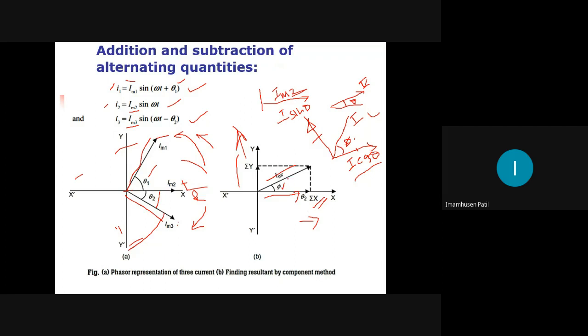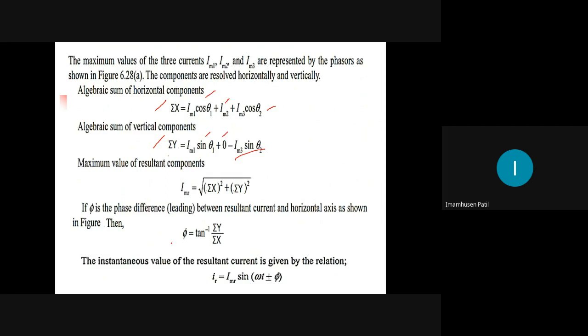How much angle is the resultant vector making with the x-axis? That can be calculated using tan inverse of summation of y divided by summation of x.